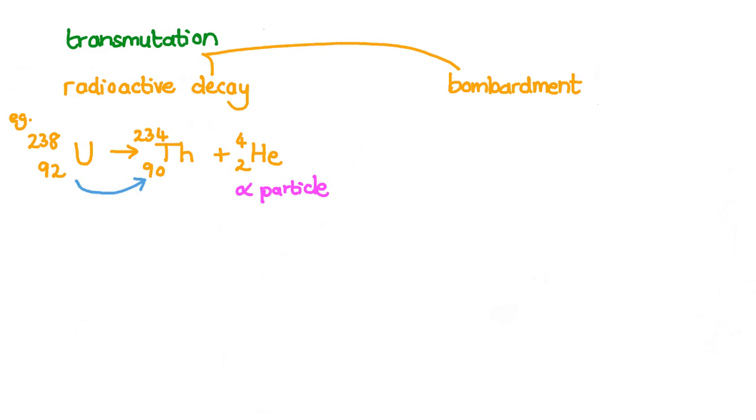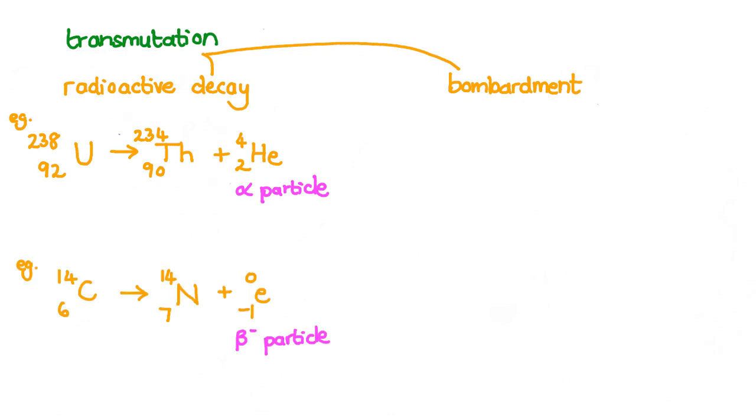Thorium has 2 fewer protons than uranium, because 2 of uranium's protons were emitted in the alpha particle. And thorium has 4 fewer nucleons in total than uranium, because the mass number of an alpha particle is 4, meaning that 4 nucleons are contained in the alpha particle.